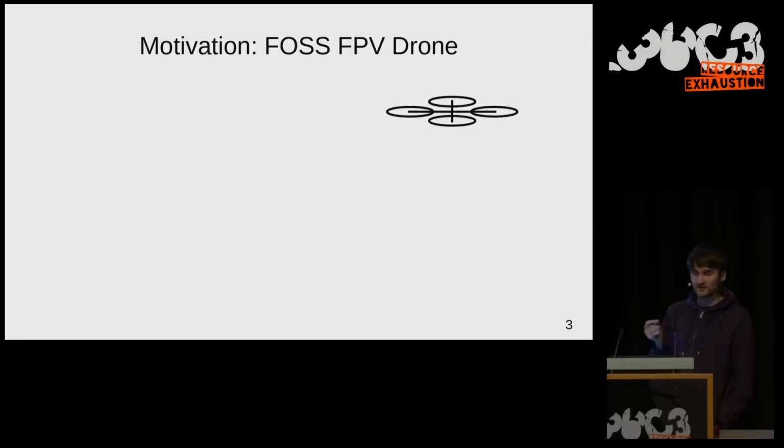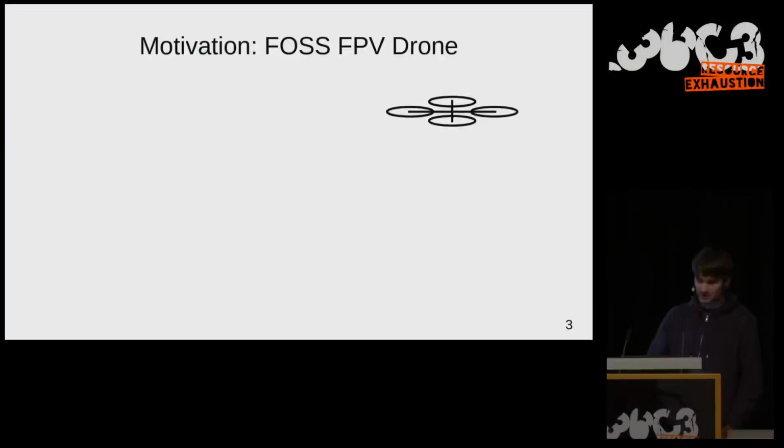The important part is that this drone has a camera attached to it, and it live streams the video down to the operator of the drone, and the operator flies this drone only by looking at this live stream. So there's no direct line of sight to the drone. So reliability is really important in this application.